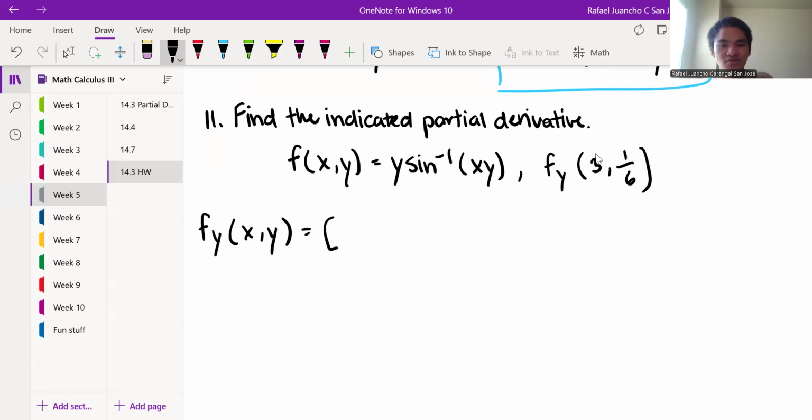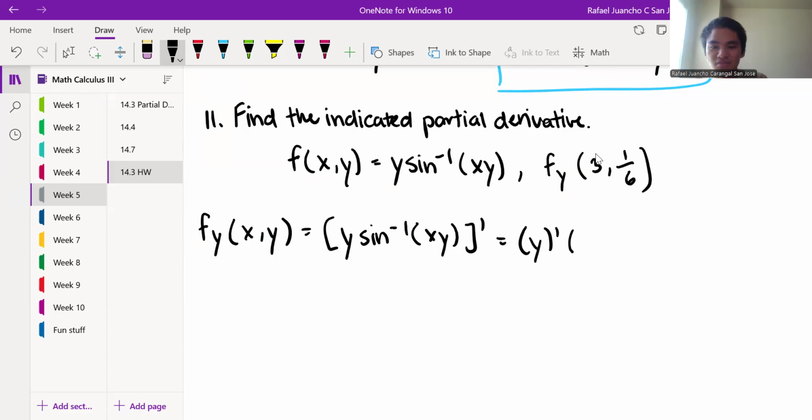And so I just take the derivative like normal. And here I treat my x as a number, but I treat my y as a variable. Here I immediately think of doing a chain rule. No, I mean a product rule, because I have two things here. So I would go like this.